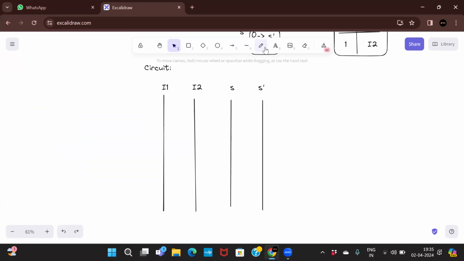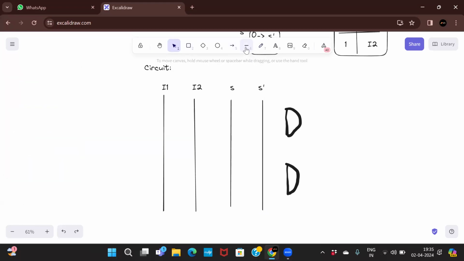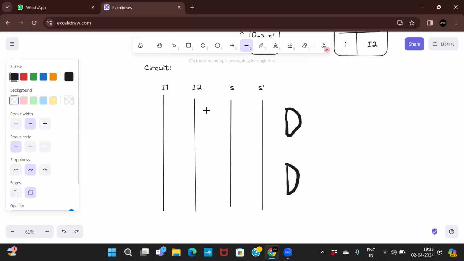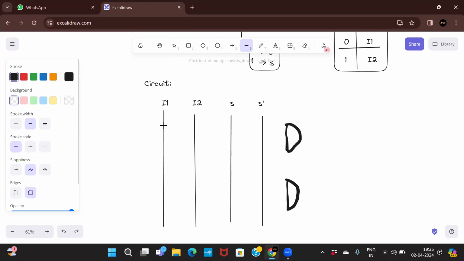So generally we require two AND gates. So I'm drawing an AND gate. Next, what is I1 into S bar? So I'm connecting I1 and S bar. It's very simple, just connect it.